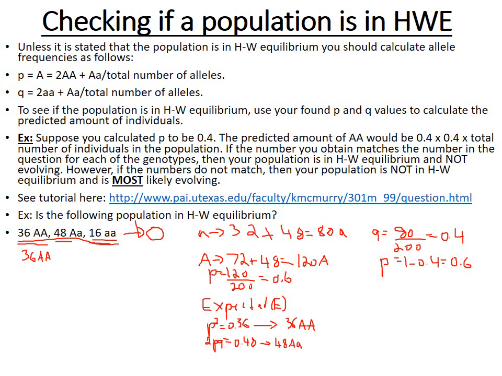So let's go write our expected over here, 48 big A little a's. And our q squared would be 0.4 times 0.4, 0.16. That would mean 16 individuals in 100 that are little a.